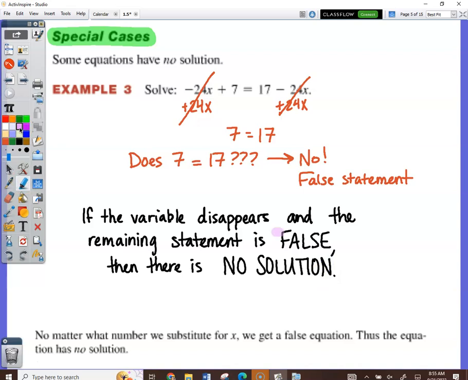Here's what you need to highlight. If you have a false statement, it means there's no solution.